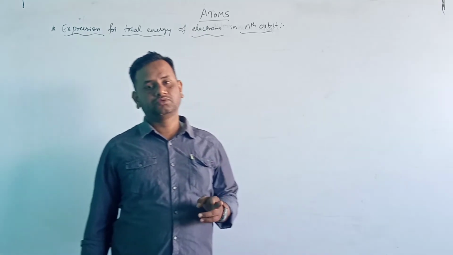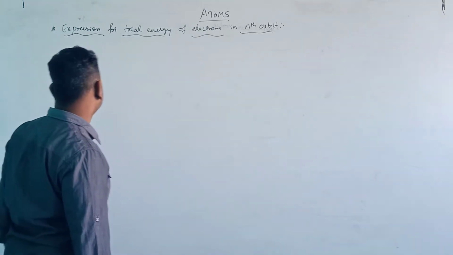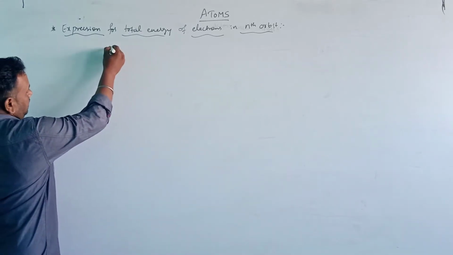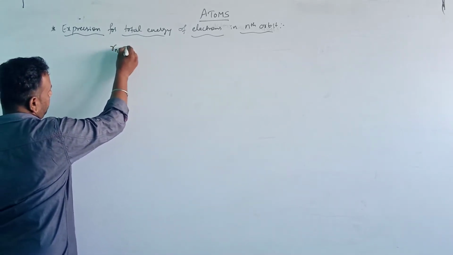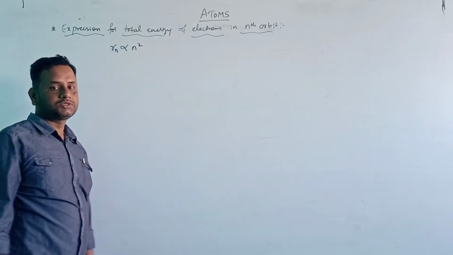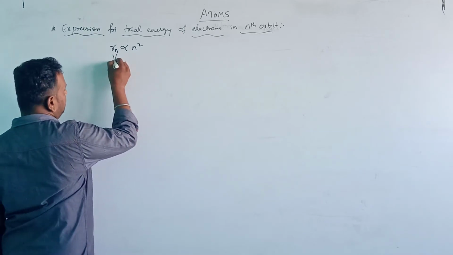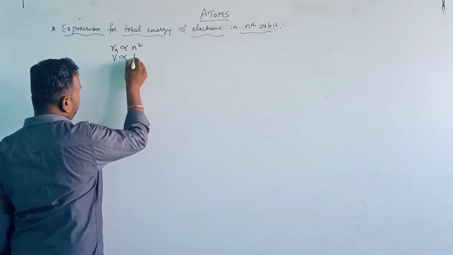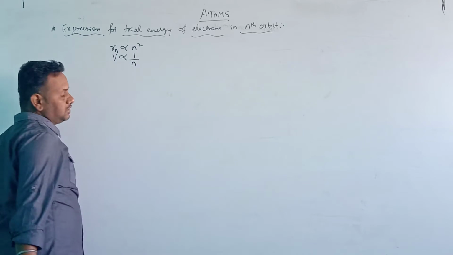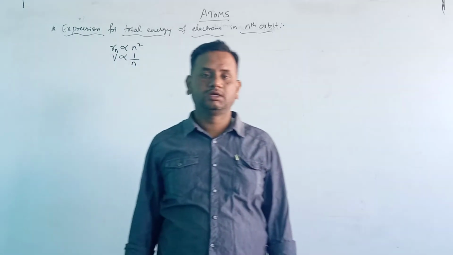In the two derivations we got to know that radius is directly proportional to n square, the square of the orbit number, and orbital velocity is inversely proportional to the orbit number.